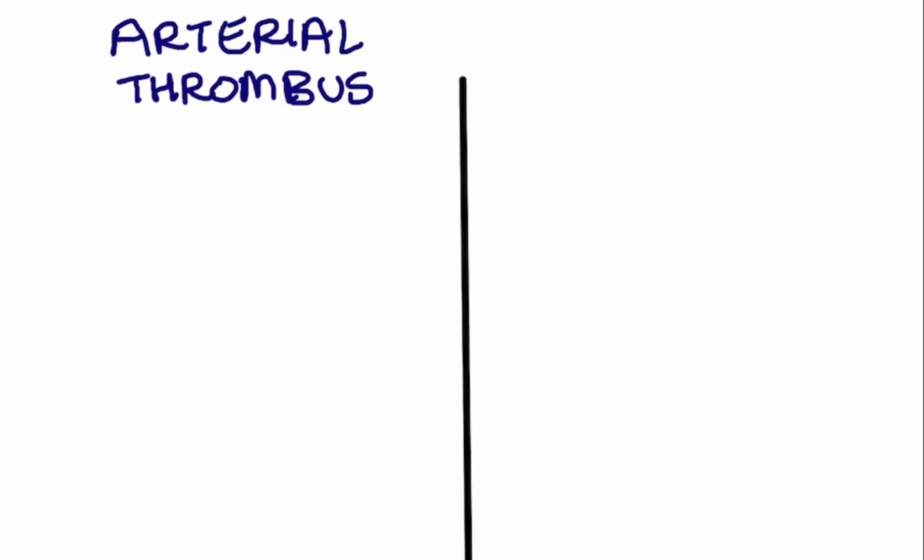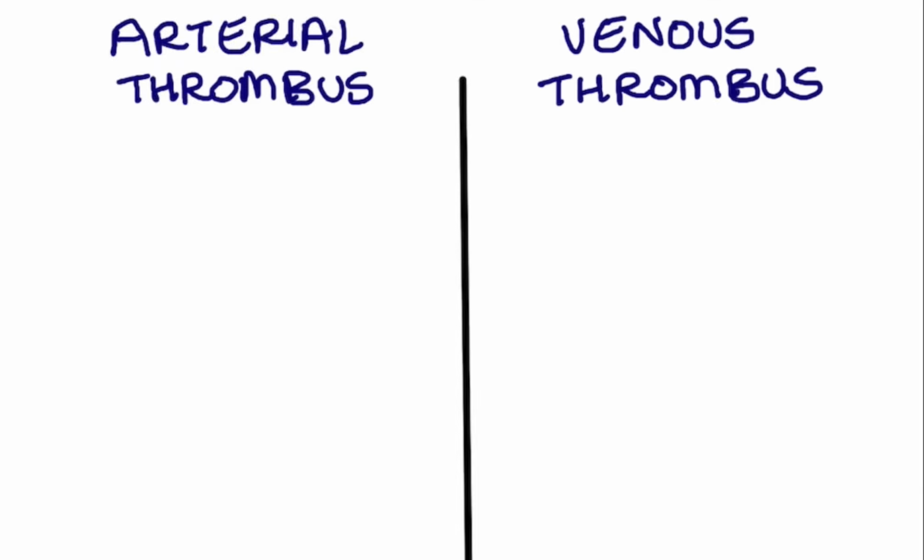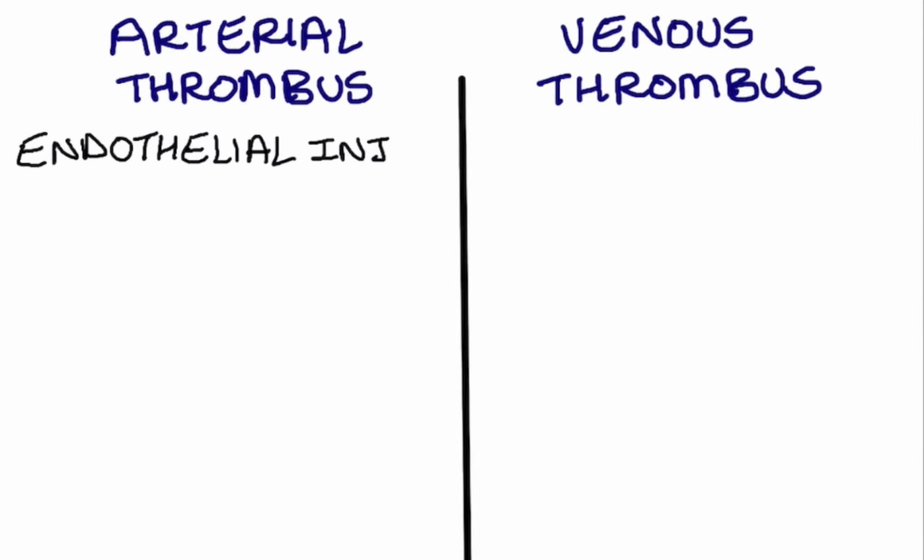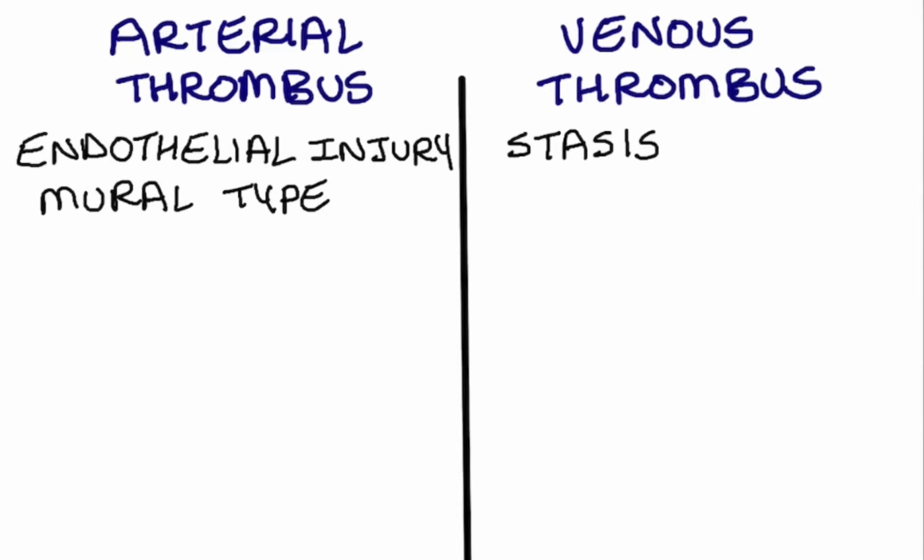Now let us compare arterial thrombus and venous thrombus. The main cause of arterial thrombus is endothelial injury, whereas it is stasis for venous thrombus. The type of thrombus is mostly mural in arterial thrombus and occlusive in venous thrombus.